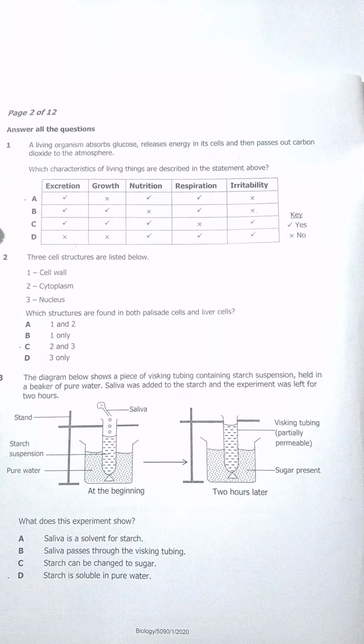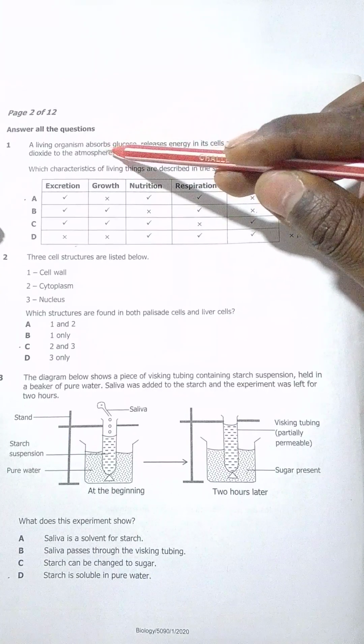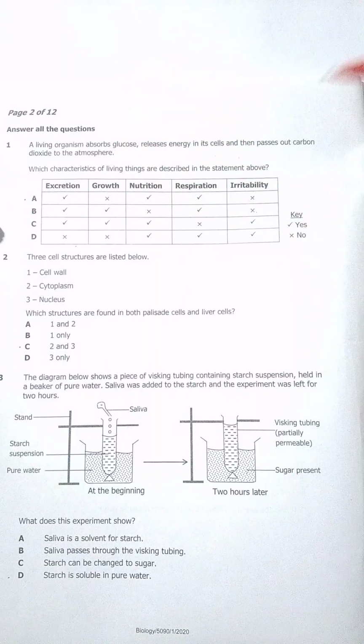So we look at the statement. It's talking about the absorption of glucose, the releasing of energy, at the same time the passing out of carbon dioxide to the atmosphere.